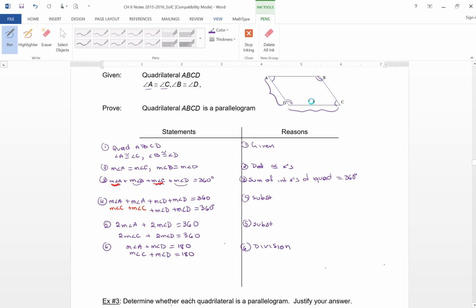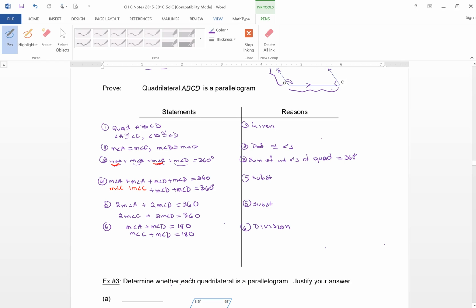So basically, because A and D are supplementary, these two are parallel. Because D and C are supplementary, these two are parallel, same side interior angles.